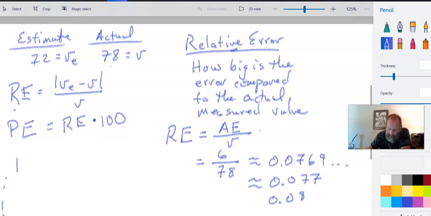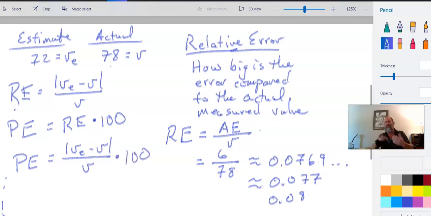Or if you want to write out the entire formula, PE is equal to the absolute value of VE minus V, over V, times 100. You notice these are all the same computation. Each previous computation is part of the next one. To find the relative error, you need the absolute error, and to find the percent error, you need the relative error. So they're all connected.